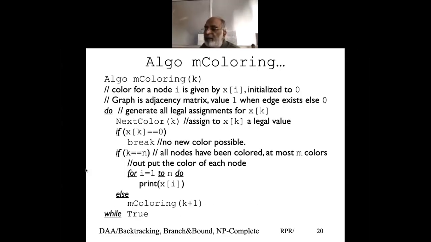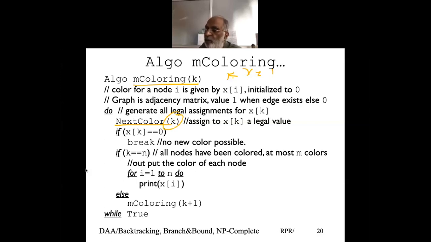So how does my algorithm work? It's very similar to our Hamiltonian cycle. First is the main algorithm. Start with k equal to 1. We start with x1 equal to 1, because we can start with any vertex. And then choose the next color, for k equal to 2, k equal to 3.